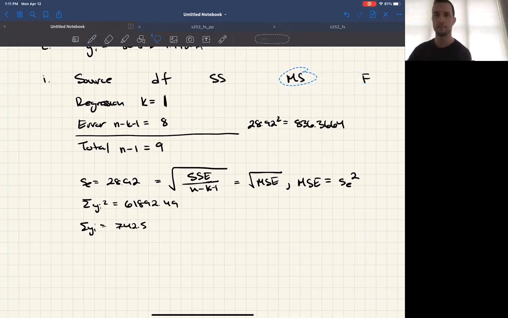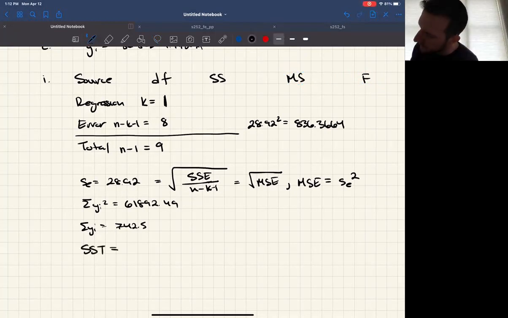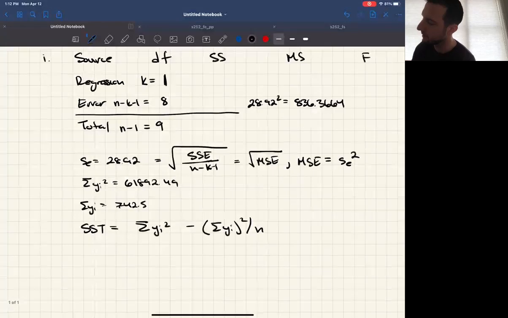Does that make sense? That's one of the sneakier parts, actually. That's probably the sneakiest part of the whole problem, I think. All right, now we can also get the SST because the SST is simply the sum of the yi squared minus the sum of the yi all squared over little n.